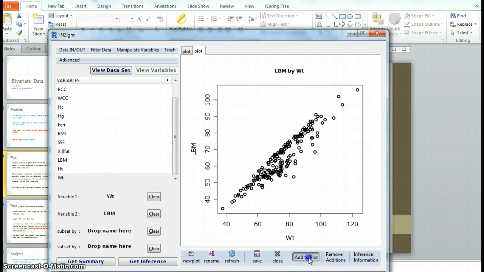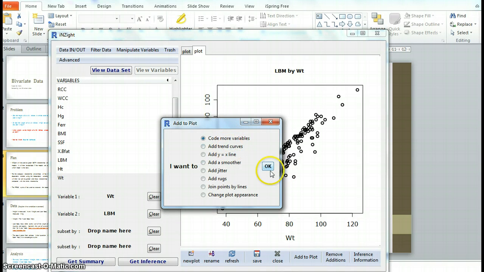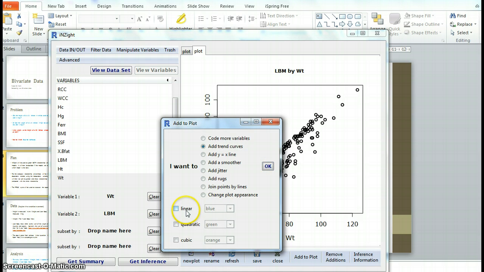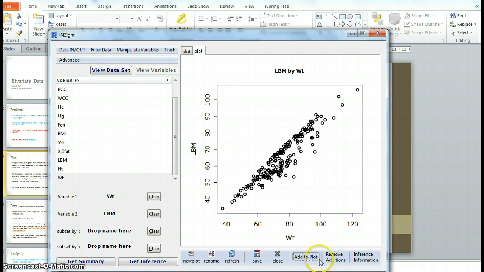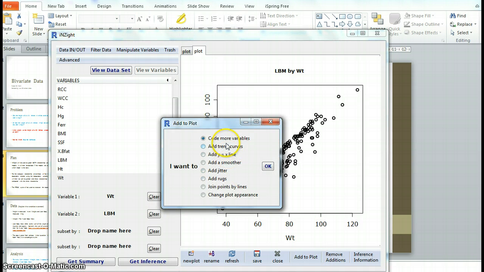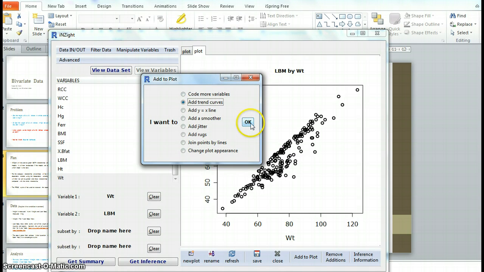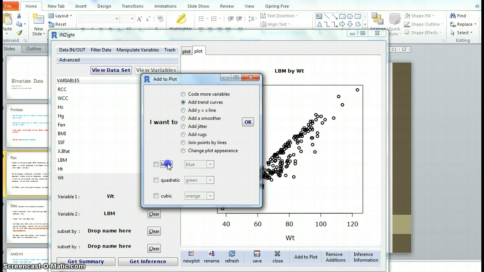Same pattern, you would add to the plot a linear line. Hopefully it would plot. Why is it not working? It should have given me a line.